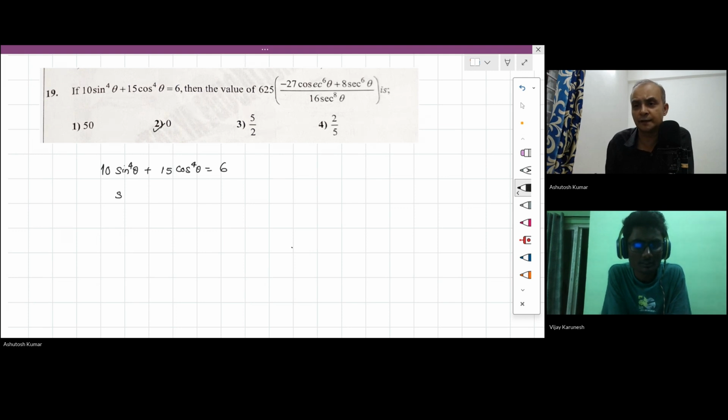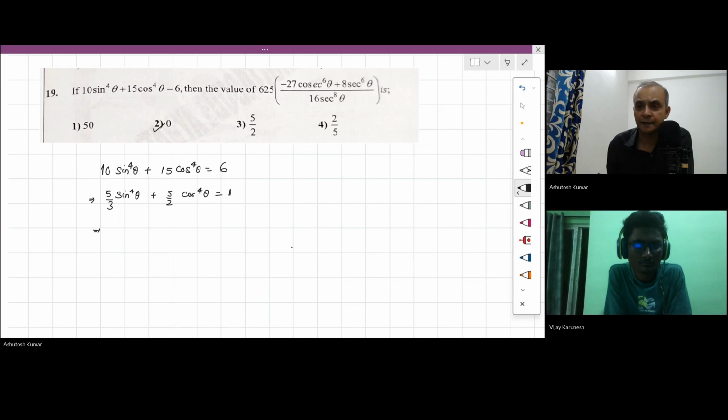So we get sine to the power 4 theta into 10 by 6, which is 5 by 3, very good. And here we get 15 by 6, which is 5 by 2, cos to the power 4 theta is equal to 1.